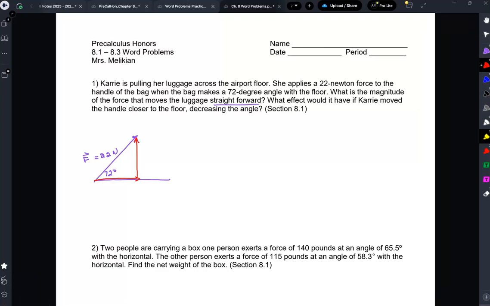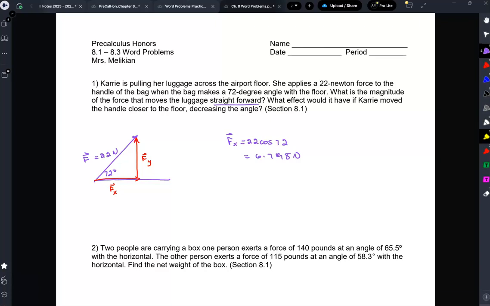Instead of just X and Y, because these are the components of the force, I can say this is F sub X and this is F sub Y. So what we want here is F sub X, which is 22 cosine 72, and that's 6.798 newtons.